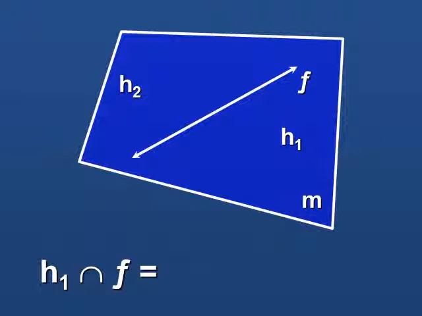Okay, so let's do some practice. Let's do half plane 1 intersect line F. Where do they intersect? If you said they don't, you are correct. The null set. Remember, the plane separation postulate says that they are 3 distinct separate sets.